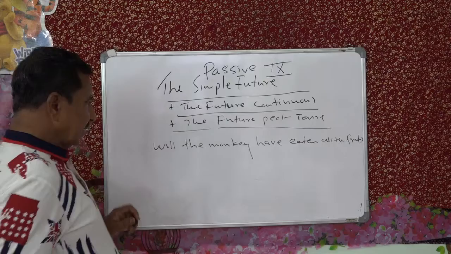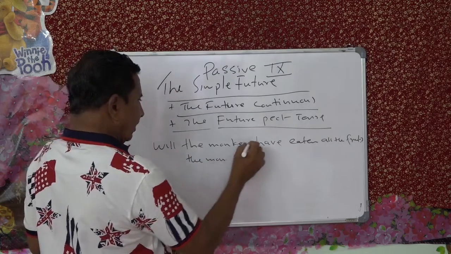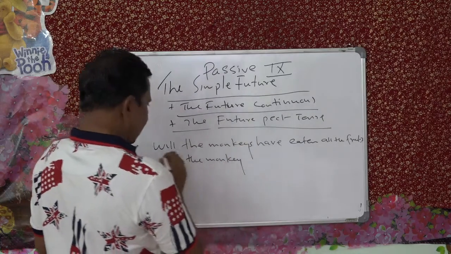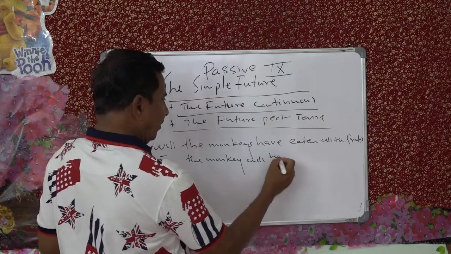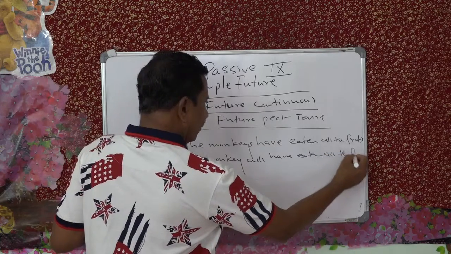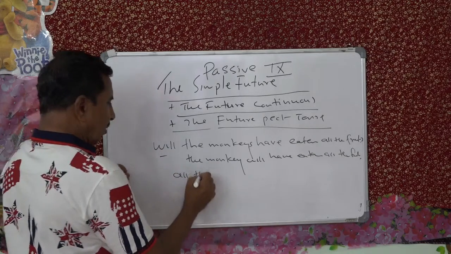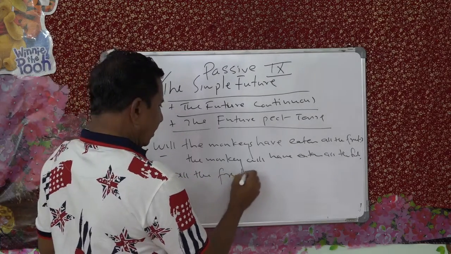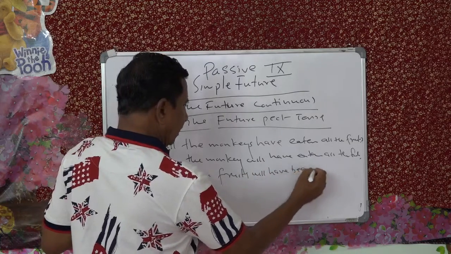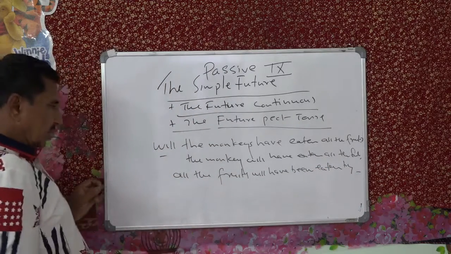So the statement is the monkeys will have eaten all the fruits. Okay. Passive of this will be all the fruits will have been eaten by the monkeys.